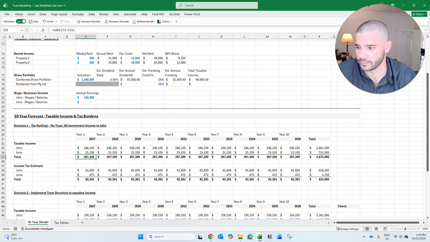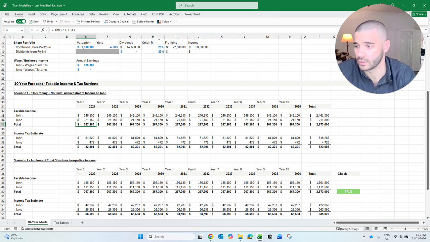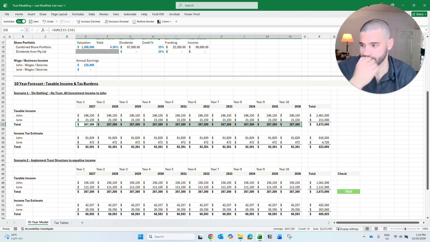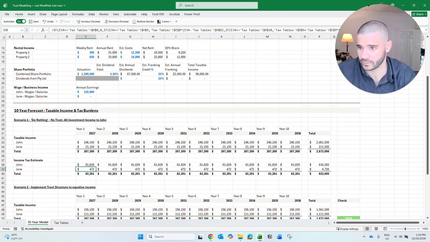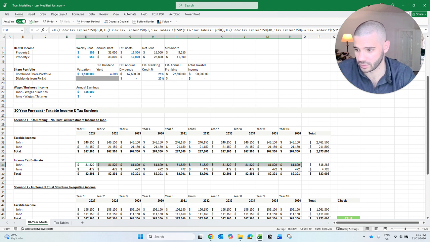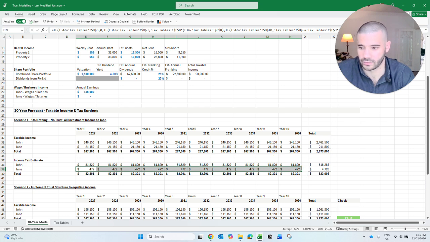And you can see here, total income as a couple is $267,000 per year. Now, tax on that, you can see here, John is paying all the tax. He's paying about $81,000, and Jane is really just over that tax-free threshold. And in reality, she probably wouldn't pay any tax at that income level.